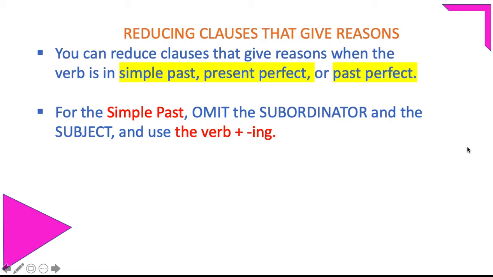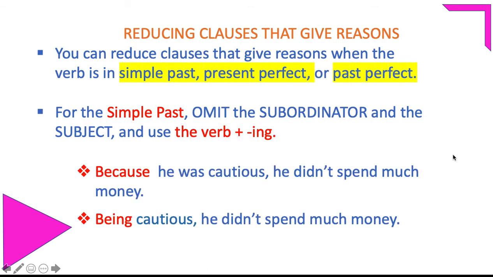So for the simple past, we have to omit the subordinator and we have to omit the subject and the verb needs to be with ing. Because he was cautious, he didn't spend much money. Now we omit the subordinator because it's not here anymore, and we have to look for the verb. In this case, we're talking about the verb be, so we have to use it with ing. Being cautious, he didn't spend much money.